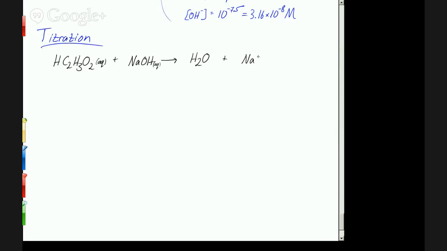So it looks kind of like a double replacement reaction. So this is acetic acid, sodium hydroxide, water, and then we would call this sodium acetate. All right, so you put an acid and a base together, you make water. That's the basis of a neutralization reaction.